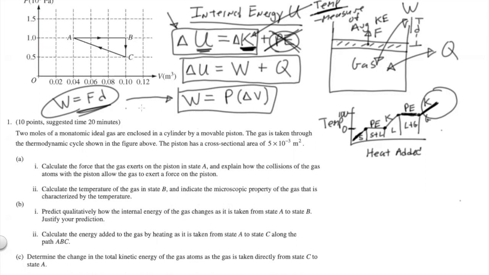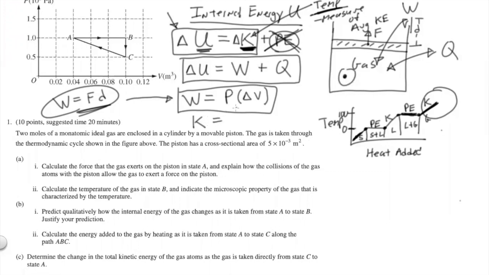And then the last equation we're going to need for this problem, and this is on the equation sheet. I don't think many kids would have this memorized, but it's for calculating the kinetic energy of a single molecule of a gas. So let's say that this little dot right here represents a molecule of gas.